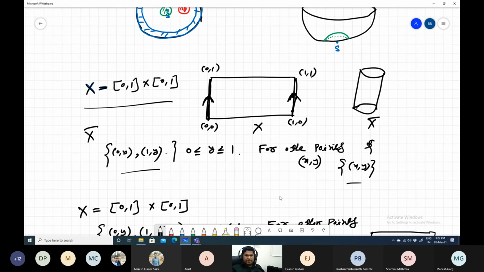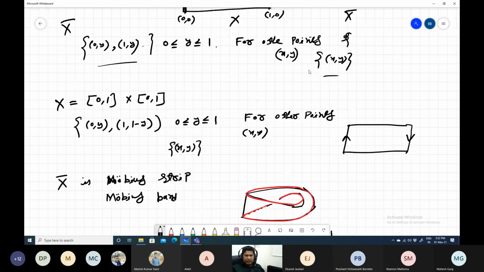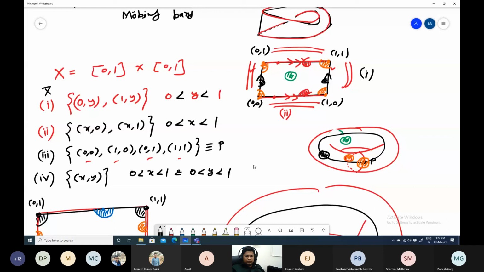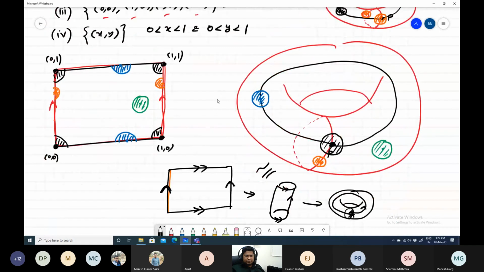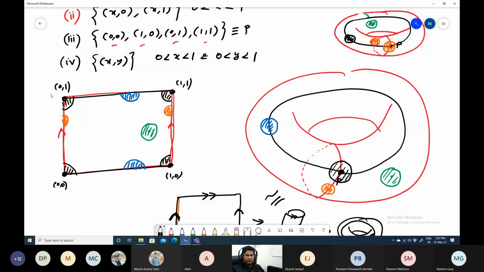Suppose we had a cylinder, and we identify this with this. Then (0,1) and (1,1), and (0,0) and (1,0), both are identified, pairwise identified in the torus.